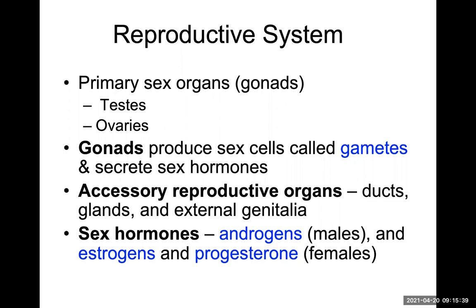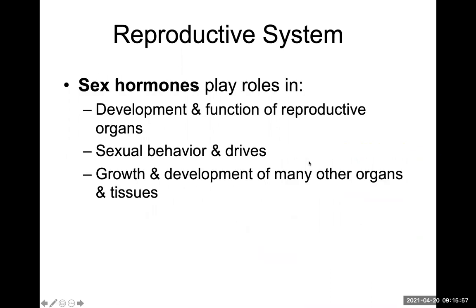We'll pretty extensively go through those, especially when we get to female reproduction, because female reproduction is cyclical, post-pubescently. The hormones are key to controlling those cycles. And again, we'll get into the nitty gritty of all of that when we get to female reproduction.